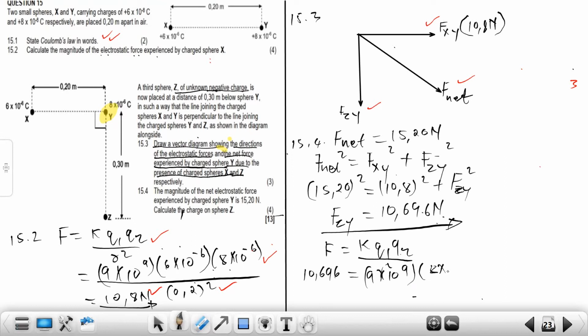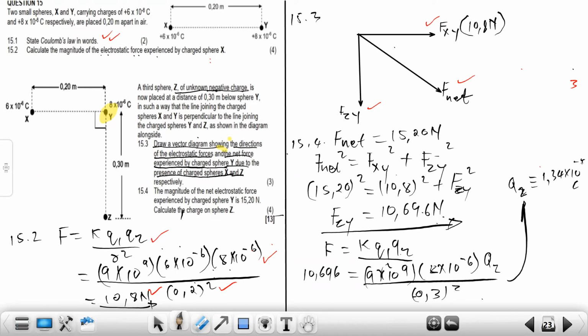It's 8 multiplied by 10 to the negative 6. And then I am looking for QZ. Then I divide by the distance between Y and Z, which is 0.3 squared. Then doing the mathematics, I will eventually find my QZ is equal to 1.34 multiplied by 10 to the negative 5 coulombs.